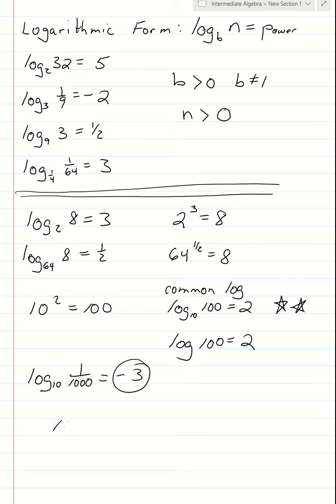Why? Because 10 to the -3rd power is 1/1000. And that's what the calculator is figuring out. Once again, what power would you have to raise your base to in order to get that particular number? Okay, so that's what logarithms do.